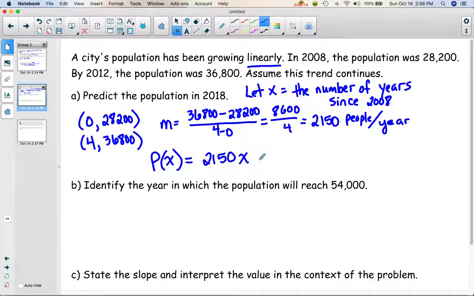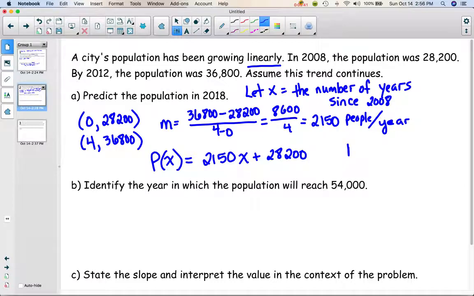And because I chose to use year 0 as my population, this population here, I don't have to do anything to solve for the y-intercept. So that's a really nice feature of doing it that way. If I had used 2008, then I'd have to go back and figure out what the population was in year 0, which doesn't necessarily make any sense to the problem anyway. So this is just better to do it that way.